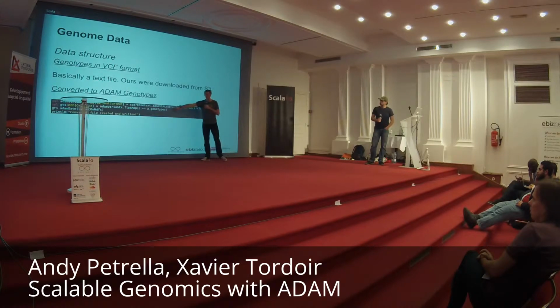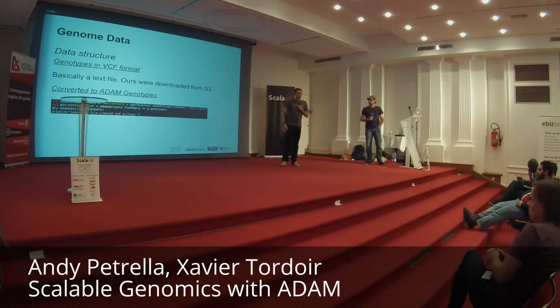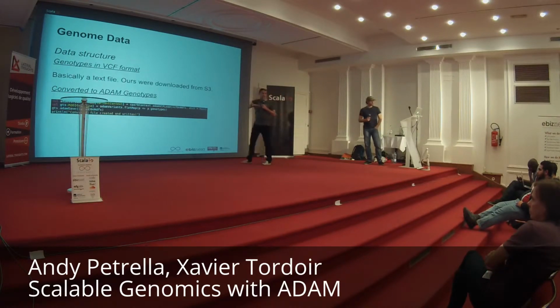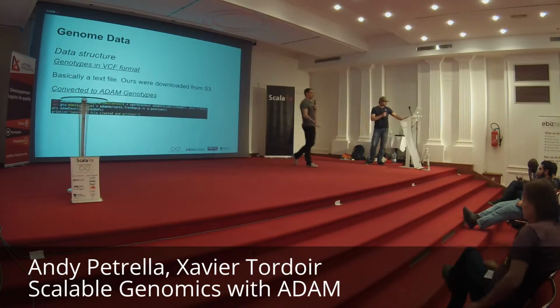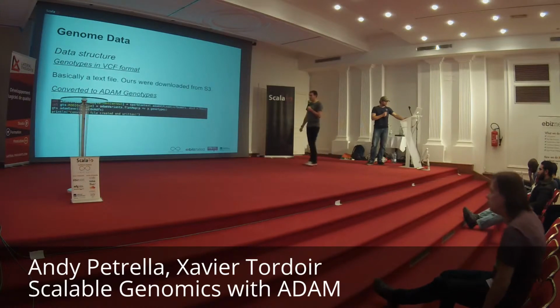Basically it's loading the VCF file, and we transform it into a collection of genotypes. We have to flat map it and convert it to the genotype data type in ADAM. Then we save it. It's distributed on our cluster, and we're ready to work with the data.